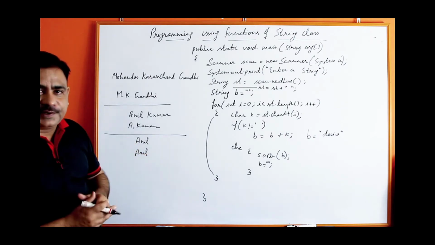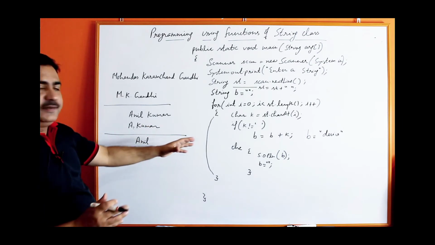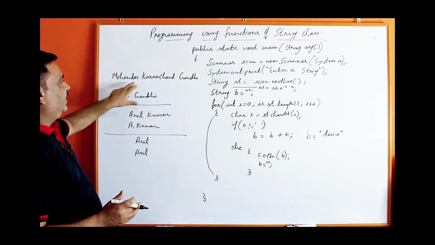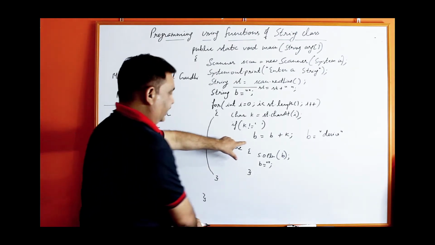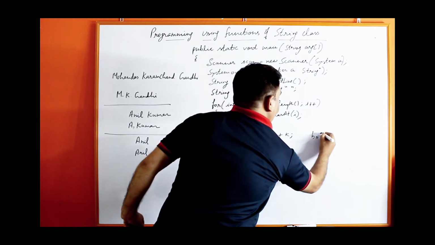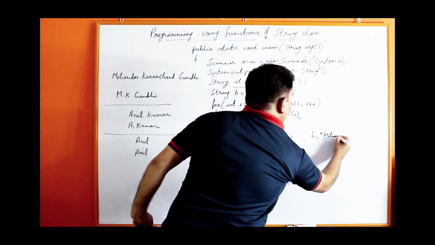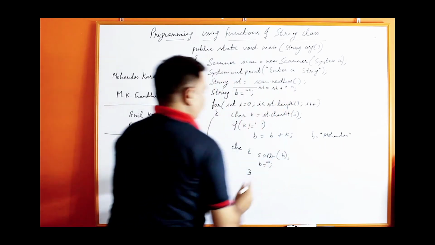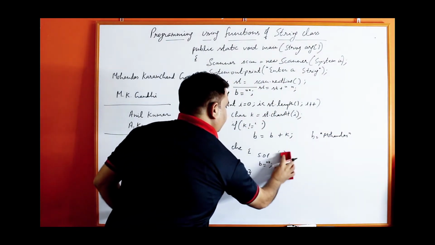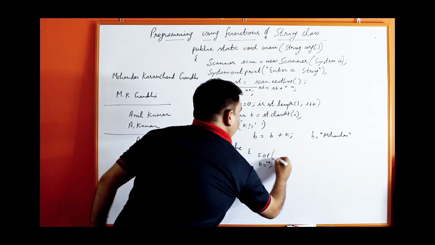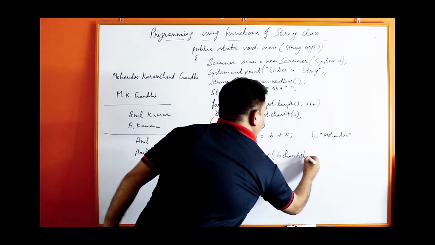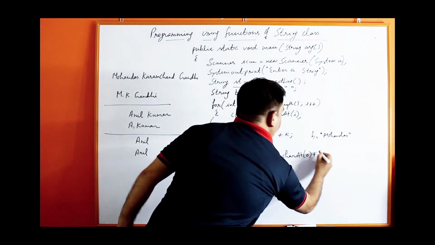Now how to do this program? Same method we will follow. We will extract the character of first word and we will concatenate in B. So first word will be formed, Mohandas, and instead of printing the whole word, just write B dot charAt(0) plus a dot.